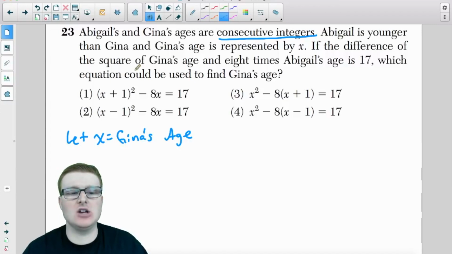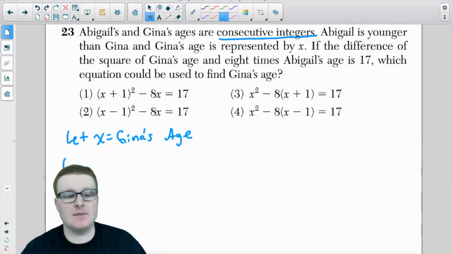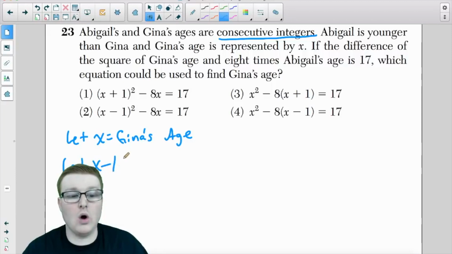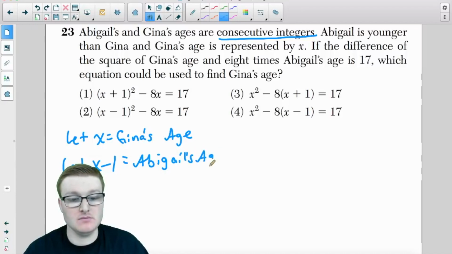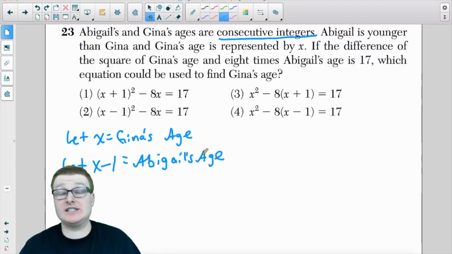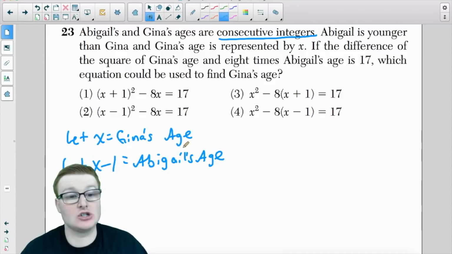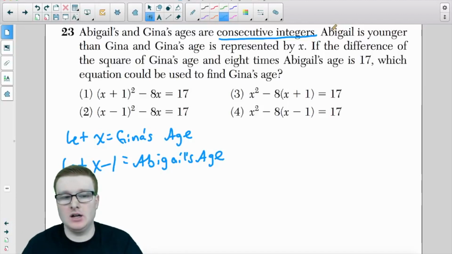So if Abigail is younger than Gina, that means I'm going to let x minus 1 equal Abigail's age. And the reason why is that they're consecutive. So if this is x, this has to be x minus 1 because Abigail's younger. Consecutive, remember, means one after the other.